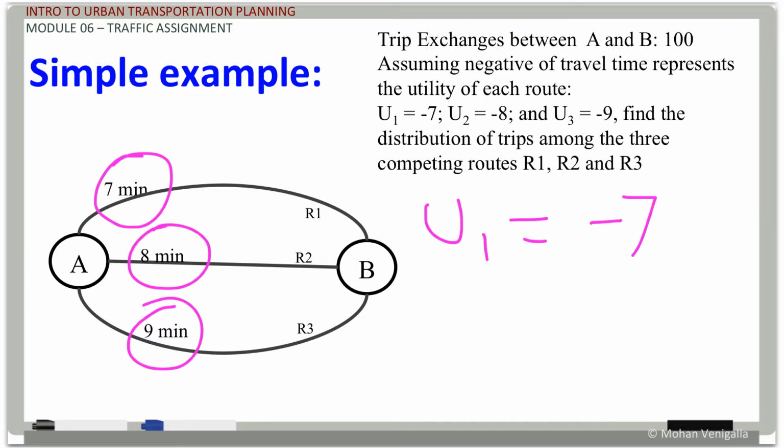That's because it's a measure of disutility. The higher the value, the more it is penalized. So a negative value is indicative of disutility. We use this to do the stochastic assignment along these paths.